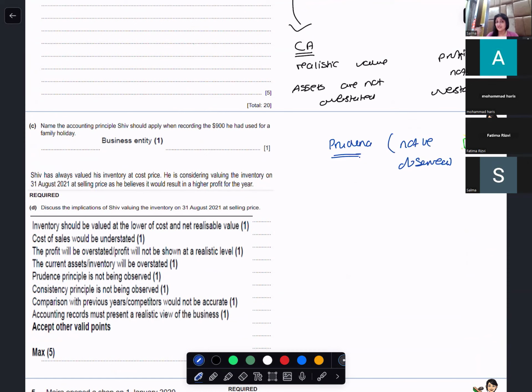If he values his inventory at a higher price, that means he's showing his profits at a higher price. He's showing his current assets at a higher price. So prudence principle is not followed, and even the consistency principle is not followed, because last year he was valuing it at cost price and now he's valuing it in another value.